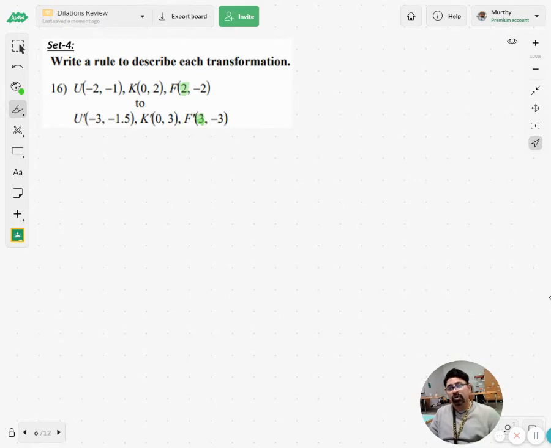So while writing a rule, please take the corresponding values. I can take any point of my choice. For example, if I'm taking, say, negative 2, then the corresponding value is here. Shall I take x value or y value?